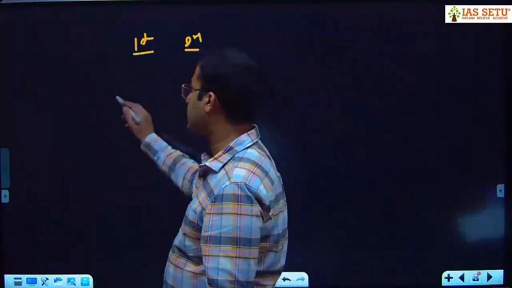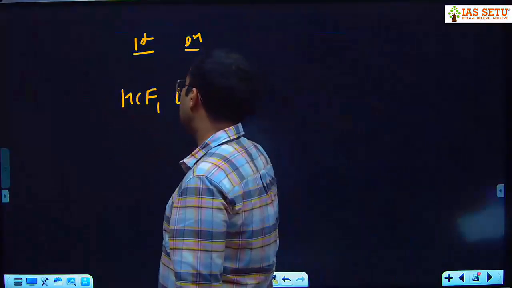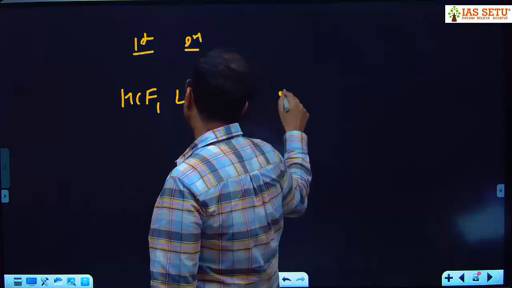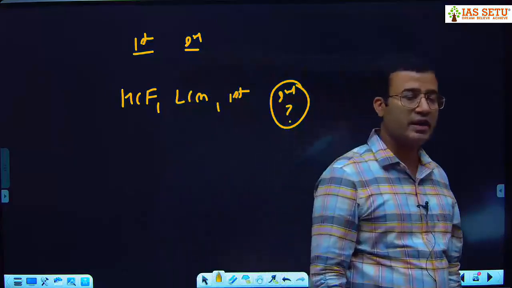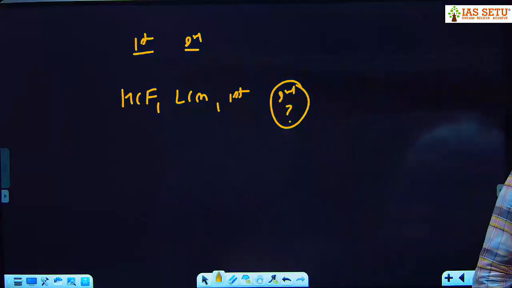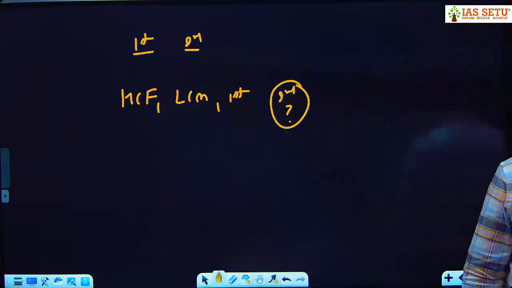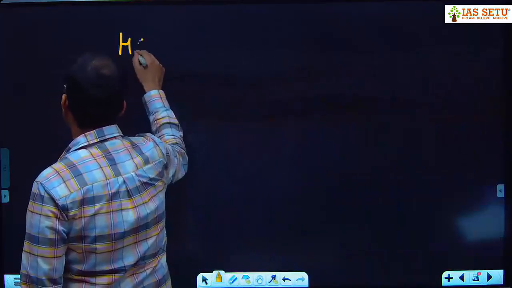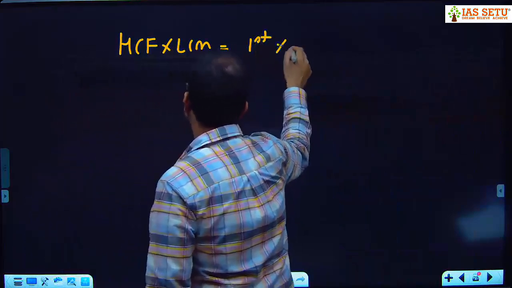But sometimes HCF is given, LCM is given, and one of the numbers is given, and the second number is asked. So we have a formula, you can note it down. There is a property: multiplication of HCF and LCM is always equal to multiplication of the two numbers.